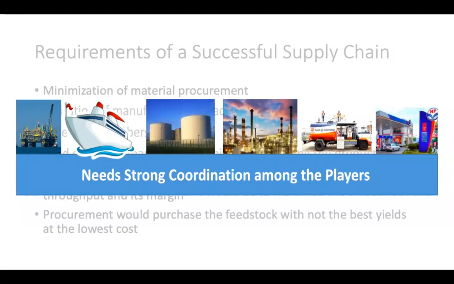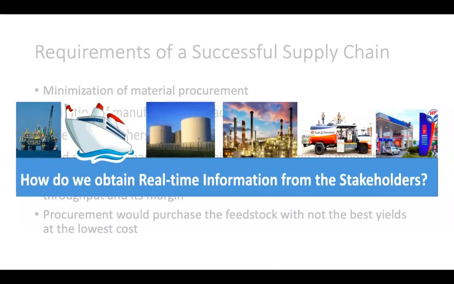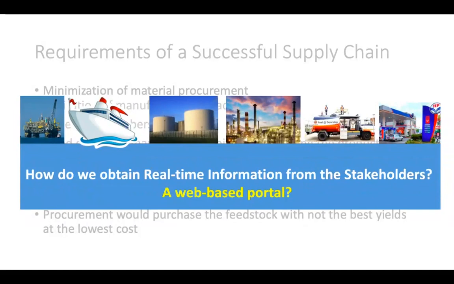Correct? And second one is, how do we obtain the real-time information from each stakeholder? It may be from your crude oil or your transportation. How do we get the real-time information? And third, is it possible to reach the requirements of a successful supply chain by using a web-based portal?